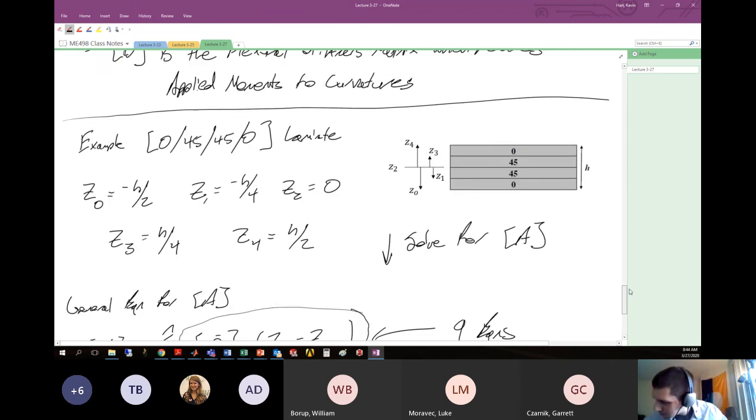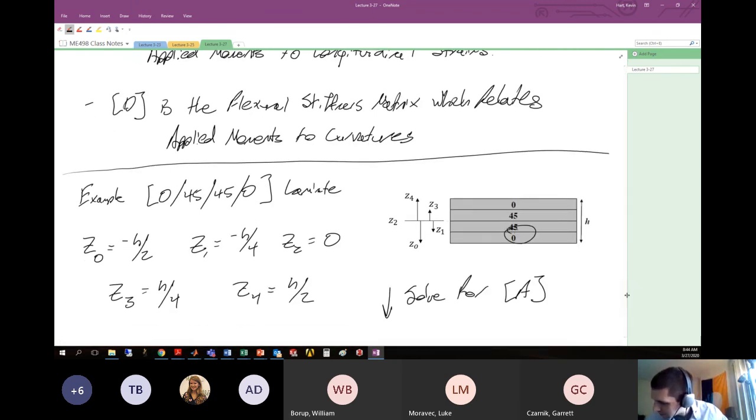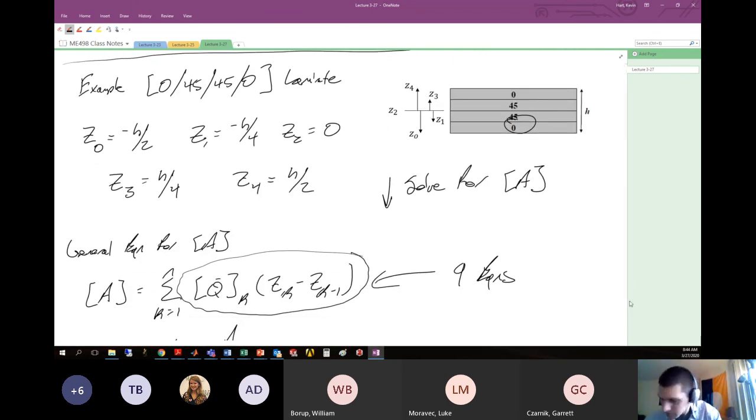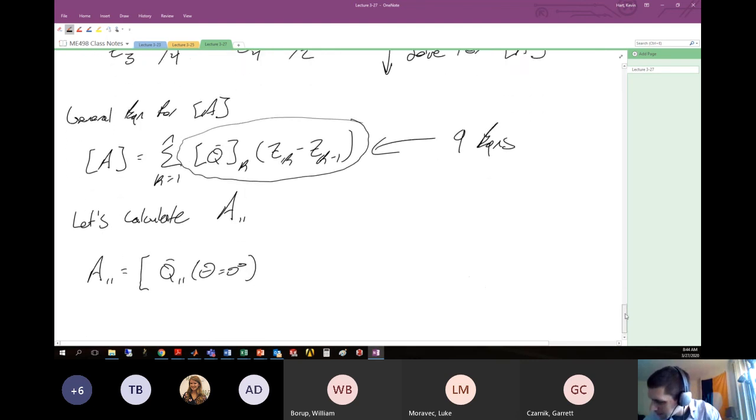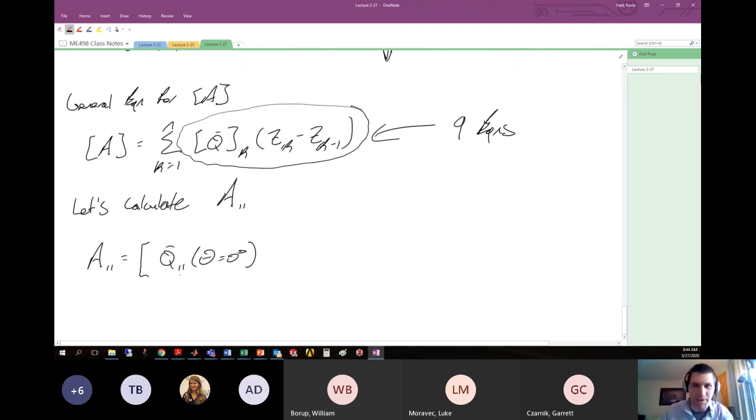Since layer number 1 is oriented at 0 degrees, we want the 1, 1 entry of Q for theta equals 0 degrees. This is then multiplied by ZK, which we know is Z1, minus ZK minus 1, which we know is Z0.